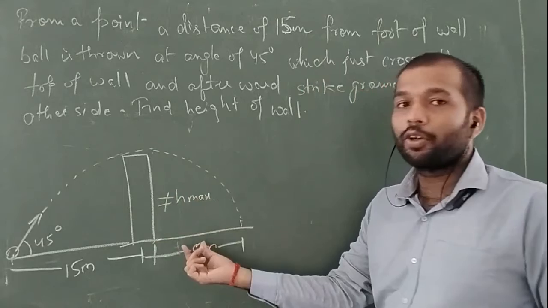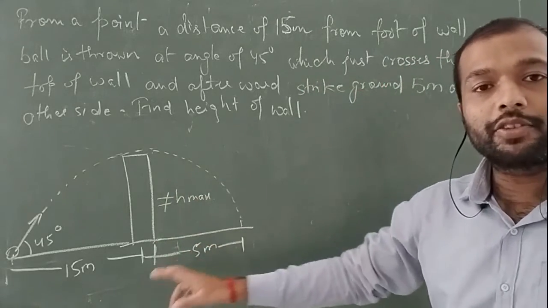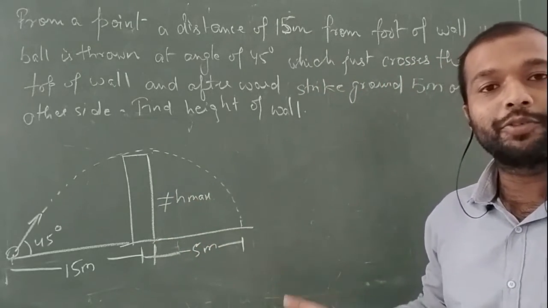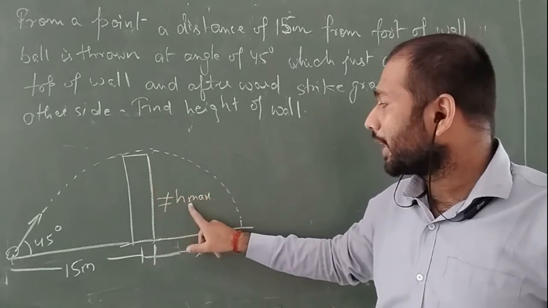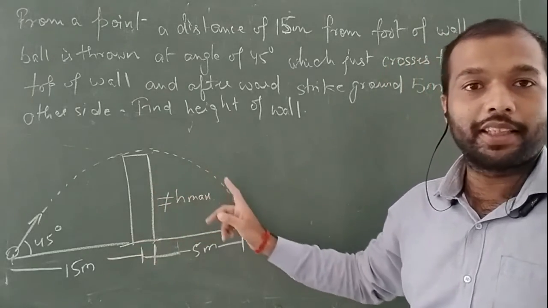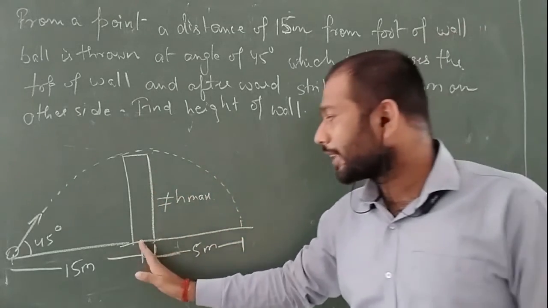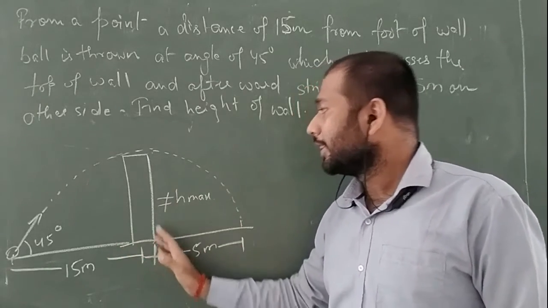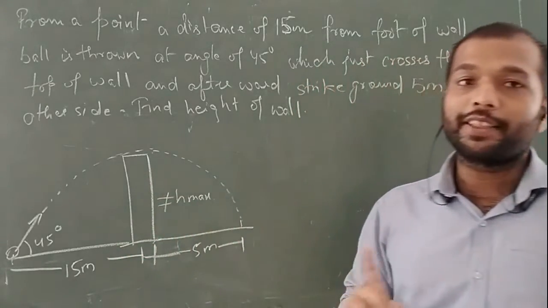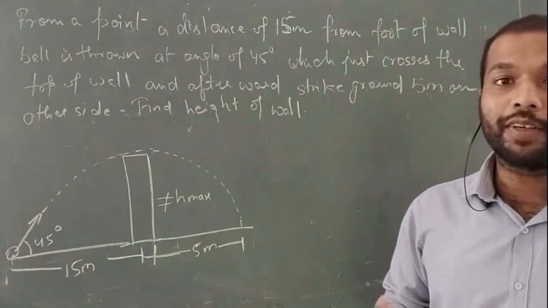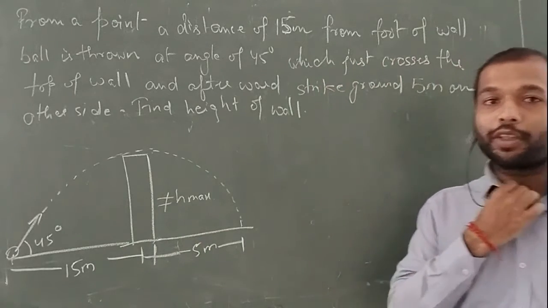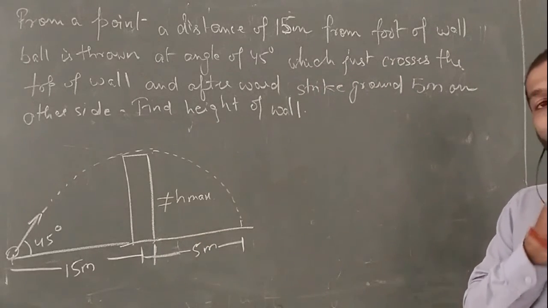Why? Because if the distances on both sides are different, how can you say that this is the maximum height that your projectile is attaining? So this is not at the midpoint, this is somewhere else, and this is also not our h max. So you cannot directly use the formula of h max. This is a very important conclusion that you can get from the diagram.